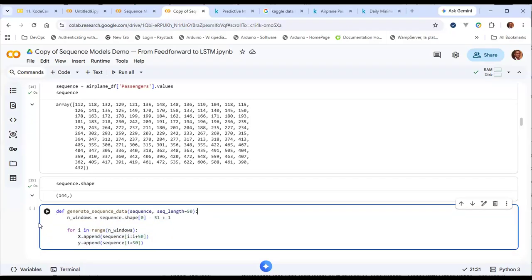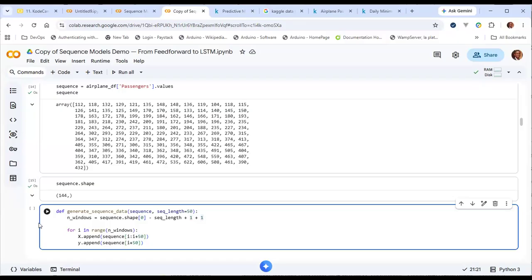So the number of windows is sequence.shape[0] minus sequence_length plus 1. So it should actually be sequence_length plus 1 plus 1, right?